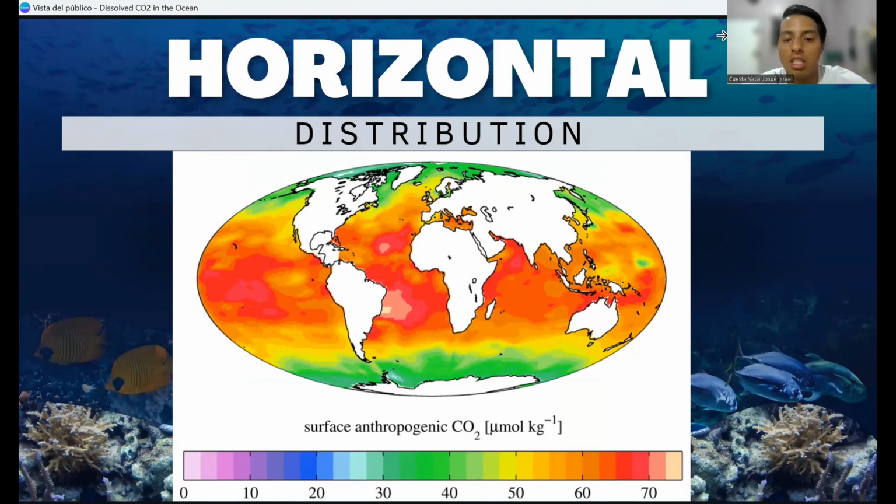However, on local and seasonal timescales, significant deviations from these general patterns may occur due to changes in salinity and processes such as biological activity, upwelling, temperature variations, and other processes which affect CO2.